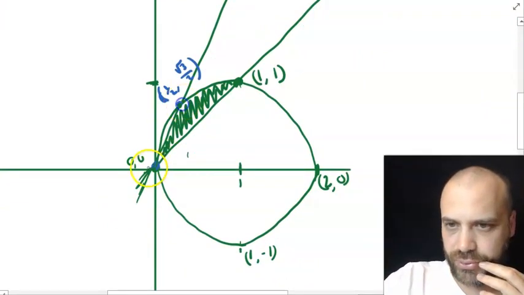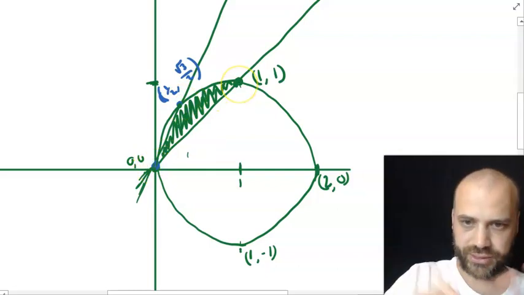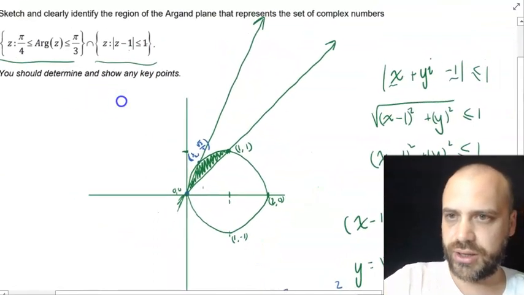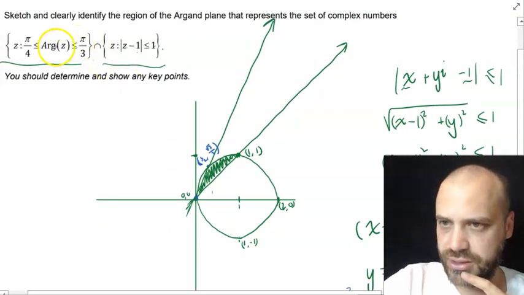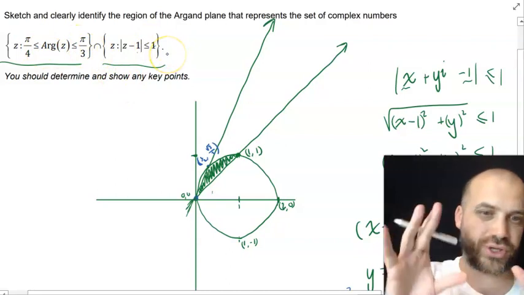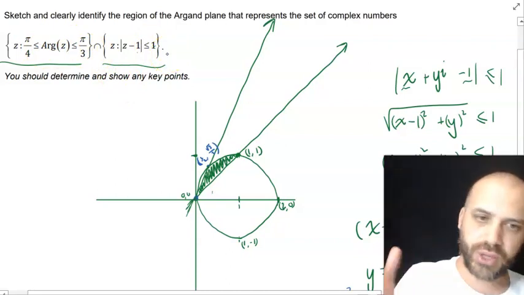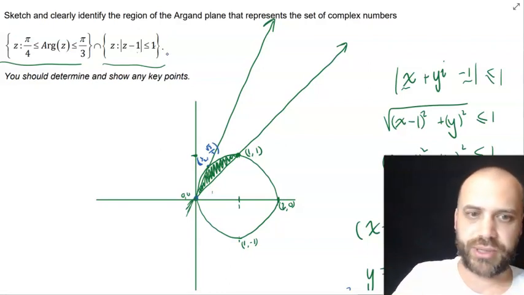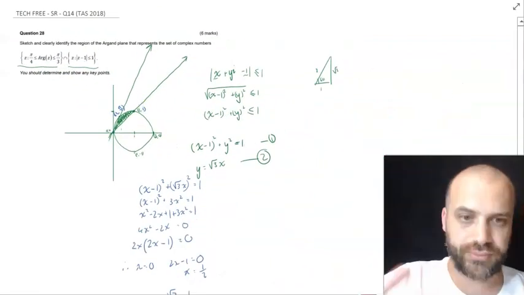I've shown that point, I've put that point there, and I've also shown that. Now, I'm being careful: less than or equal to, less than or equal to, less than or equal to. So no dotted lines here. I wouldn't be surprised if they snuck some dotted lines in there somewhere, but I think we've done it.